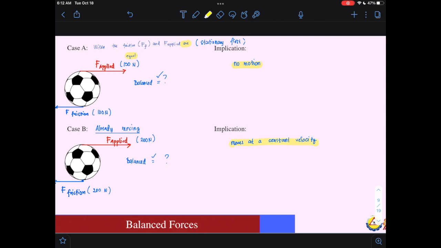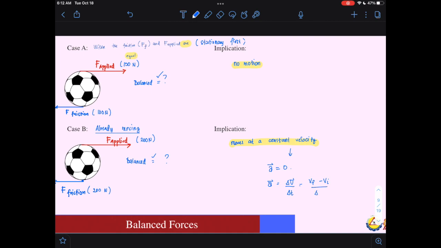And again, the implication of constant velocity, if you remember, is that the acceleration is zero. Because again, acceleration is just your change in velocity with respect to the change in time. Change in velocity is velocity final minus velocity initial, all over the change in time.